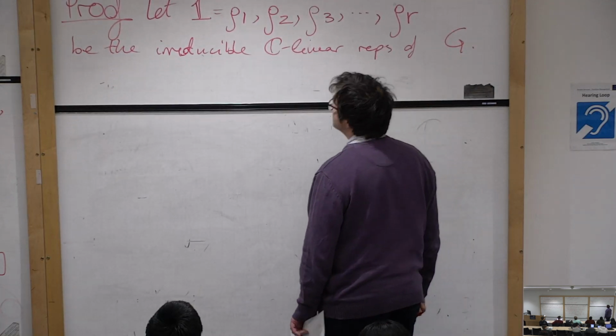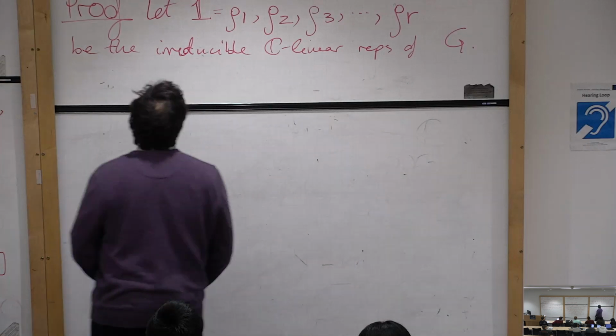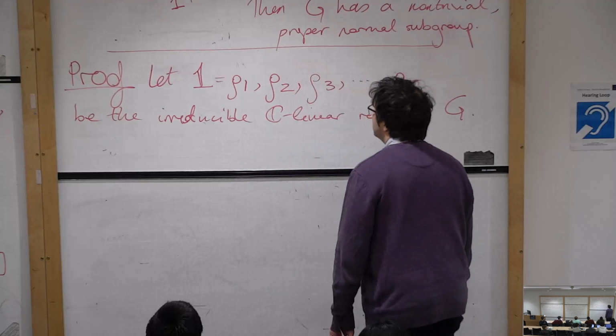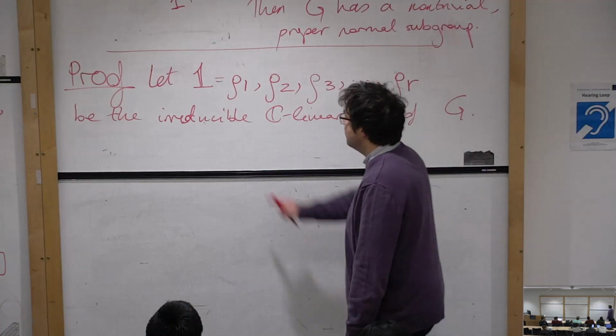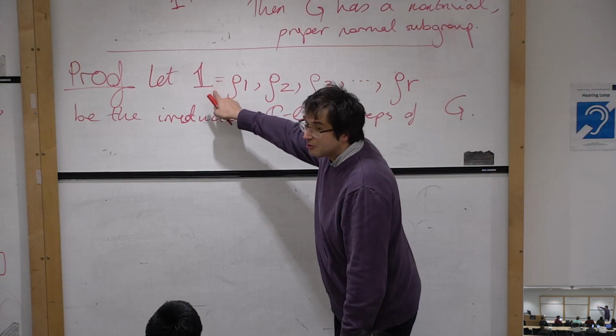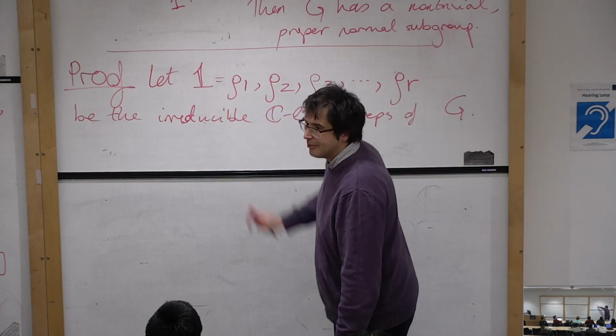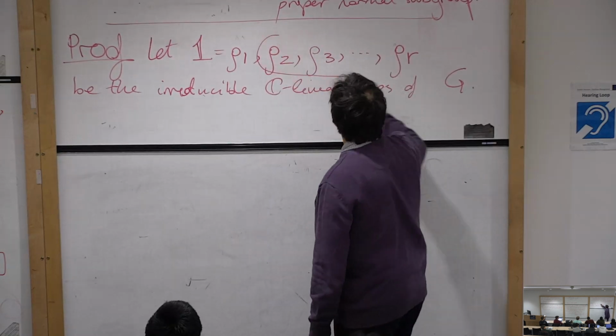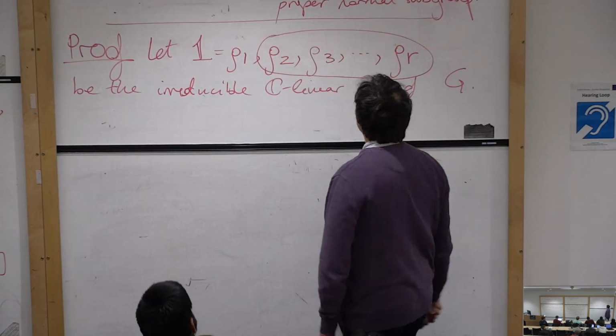Right, and I want to show that at least one of them is not faithful. Well, the first one is no good, right? So we have to forget about this one. The trivial character is no good. It's irreducible, but unfortunately it's very unfaithful. It kills everything. So you focus on this lot.